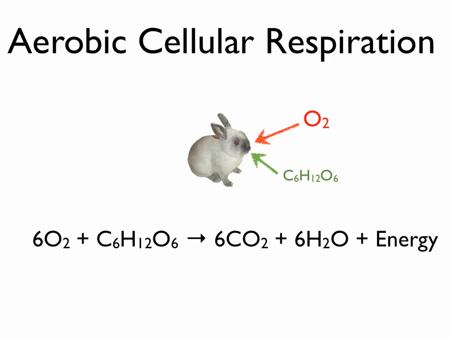And then in the cells of its body, that molecule of glucose would be broken down, in part using the oxygen, to create some waste products. Those waste products would be CO2, which he exhales from his little bunny lungs through his little bunny nose, and water, which is also part of the exhalation.